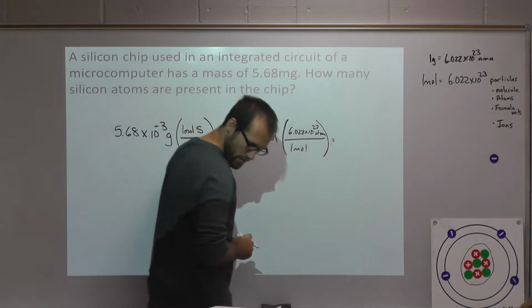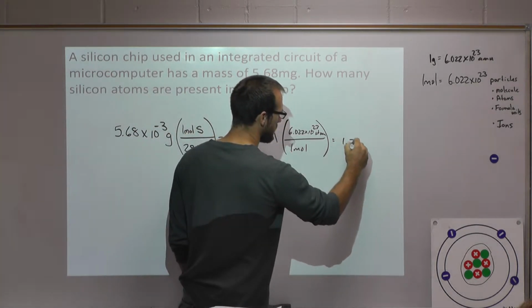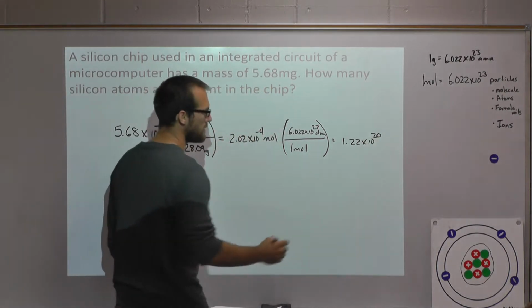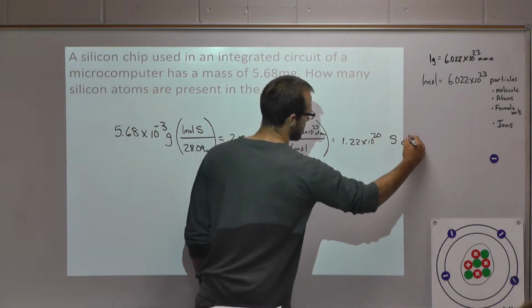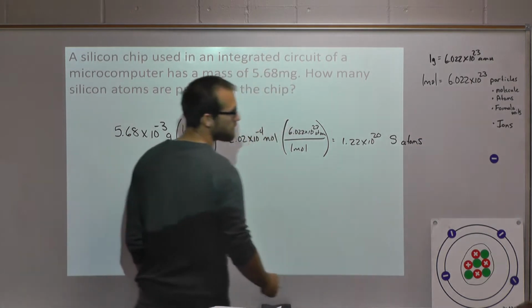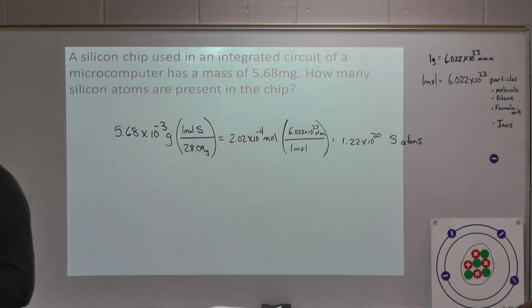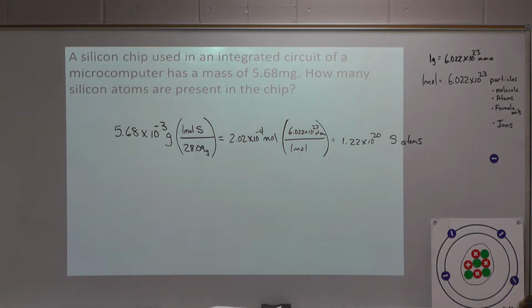And you should get 1.22 times 10 to the 20th silicon atoms. Yes? Everybody? Did you get 2.0? Somehow I got 1.621. Oh, I rounded up.